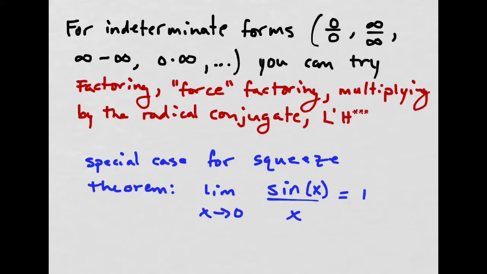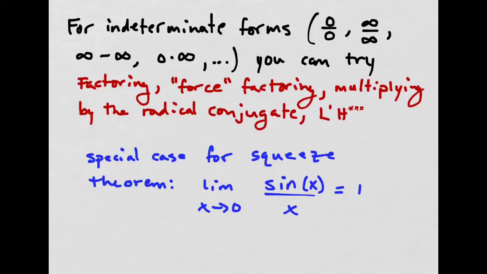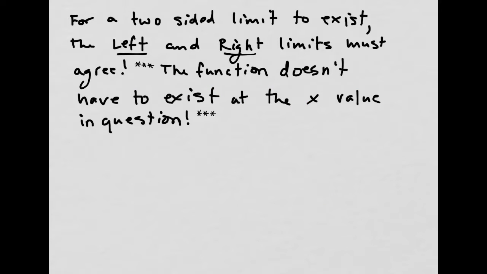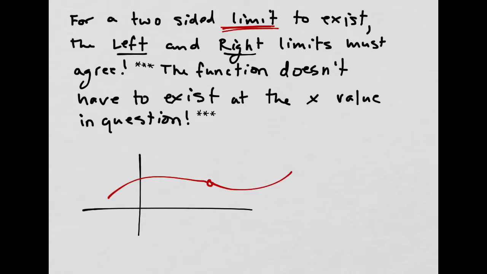Another thing to point out is that this is a two-sided limit, so we should talk about one-sided and two-sided limits. For a two-sided limit to exist, the left and the right limits must agree, but the function doesn't have to exist at the x value in question. The picture that goes along with this is a coordinate plane with some function, and then there was a hole and it went on.